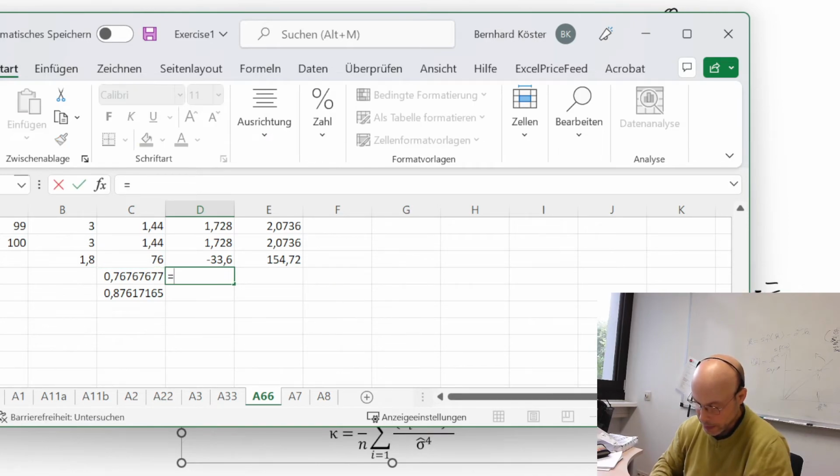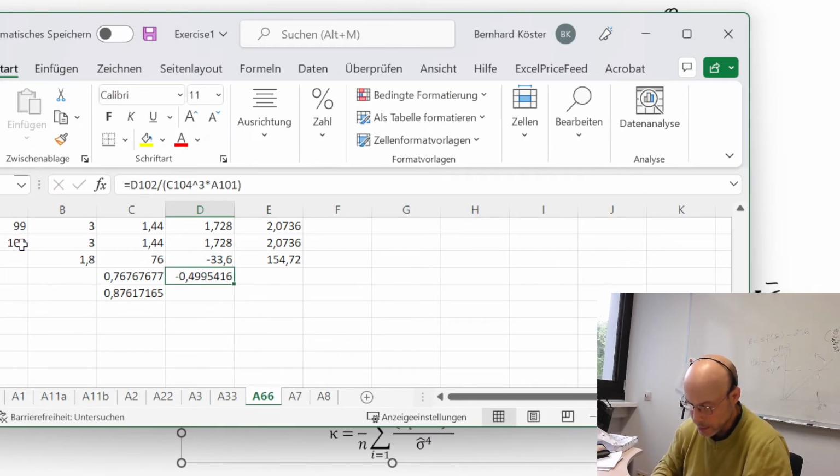So this will be then this number divided by standard deviation to the power of 3 times our size of our sample, 100, closing brackets, minus 0.5 roughly.